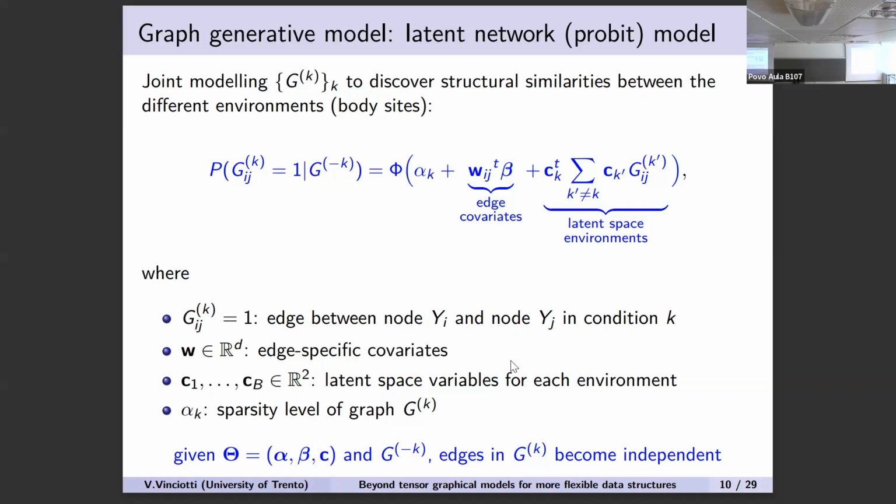But it's a choice again. But the most important point, we write it like this: if i and j are connected in environment K prime, another one, and if K prime is close to K in this latent space, this will increase the probability of also i and j being connected in K. So it's this idea that if they are close in this latent environment, they are more likely to have similar networks.